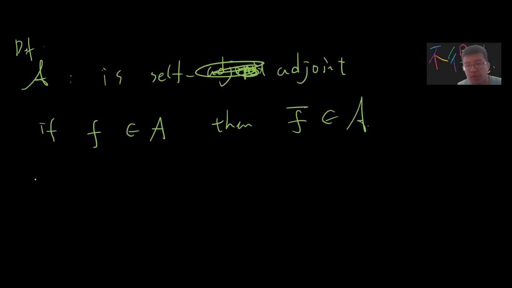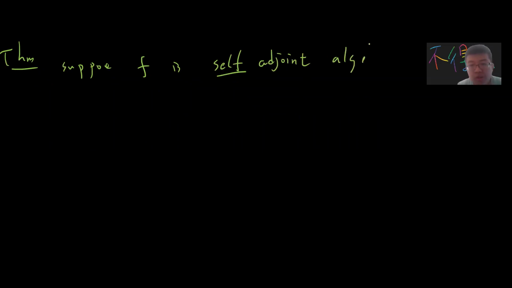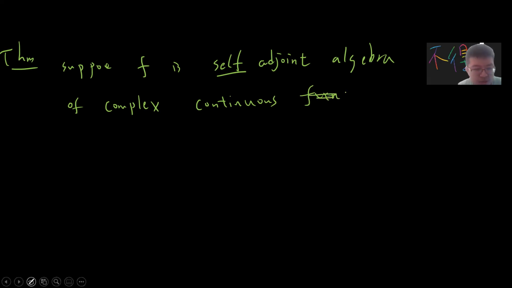That's a very simple definition. Okay, so the theorem says that suppose A is a self-adjoint algebra of complex continuous functions. Let me just write everything clearly.